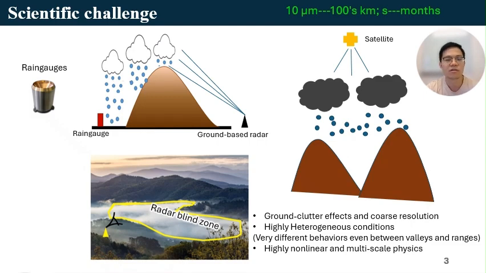This region is what we commonly refer to as the radar blind zone. And in terms of satellites, the satellite data often has coarser resolution and is impacted by ground clutter effects and non-uniform beam filling due to sampling issues, etc.